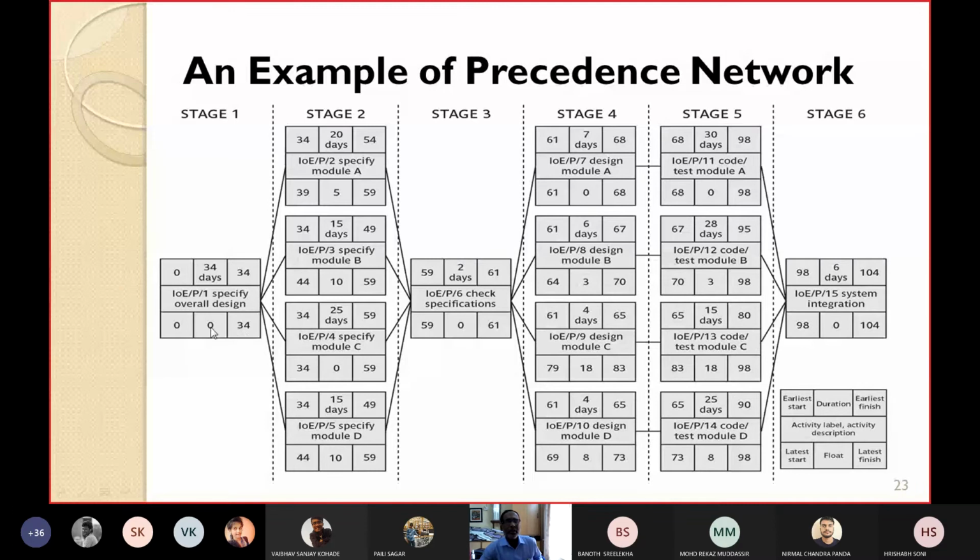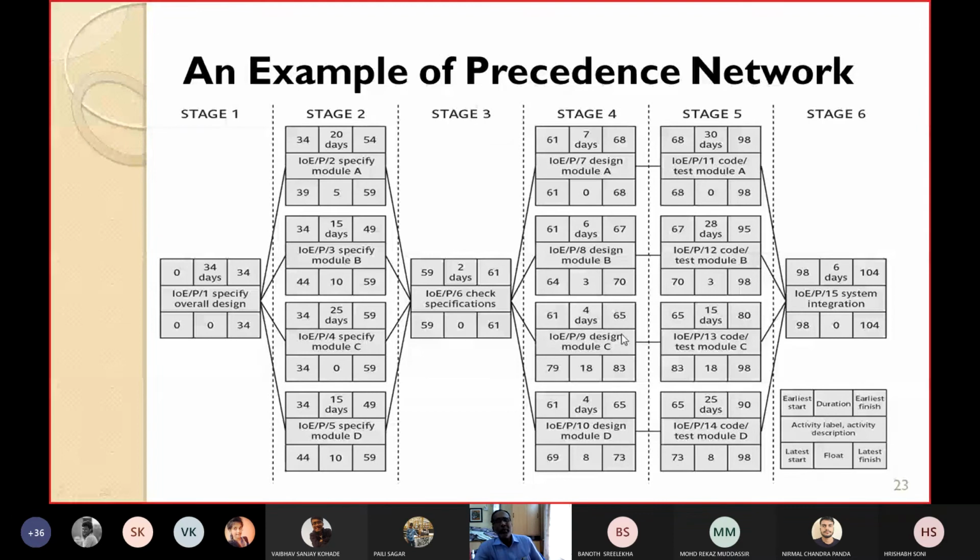This 0 is the slack value or the float value, and 34 is the duration. The name of the project is IOE project. 1 means activity 1, which represents specify overall design. Similarly, you see all the activities are there, so many such activities you are able to see. So this is an example of a precedence network.